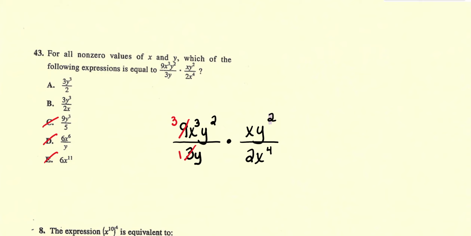Now I know on the ACT you're trying to find the right answer, but you realize if you get rid of all the wrong answers, that's also going to get you to the right answer. So let's look at the X's and see what happens with these. On the X's, 3 of them and 1 of them and 4 of them. So I have 3 and 1.